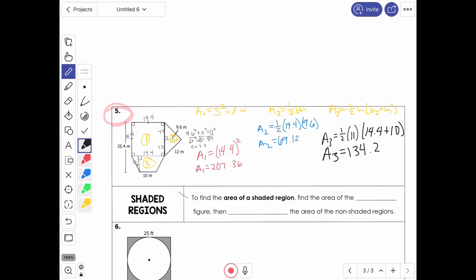Now, to find the entire area of that composite figure, I'm going to add up all of these areas. And I get a grand total of 410.68, and we're working with meters squared.